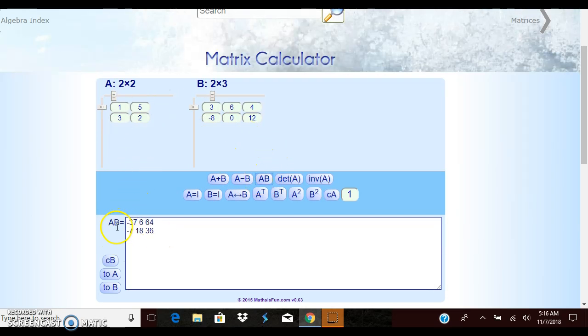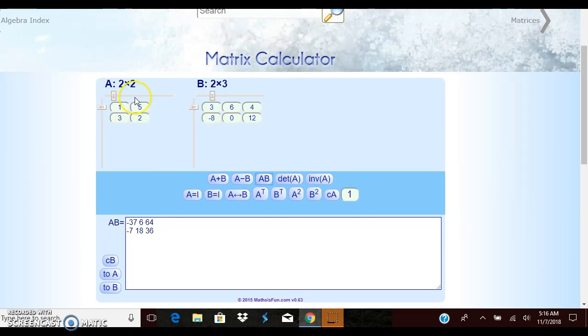So my output matrix here, we want to make sure that we understand where each of the pieces are coming from. So we would multiply our 1 times 3, which is 3, and add it to 5 times negative 8, which is negative 40. 3 plus a negative 40 is my negative 37.